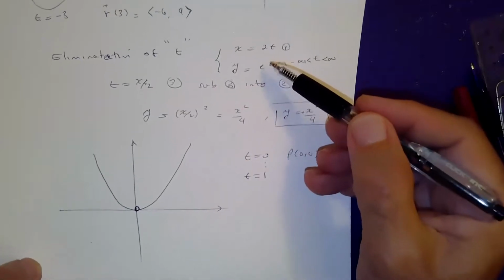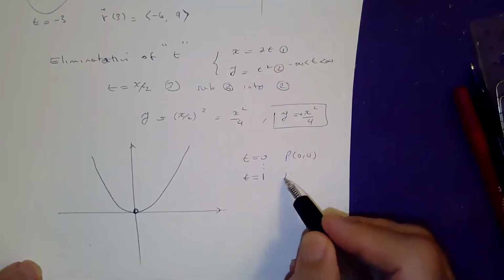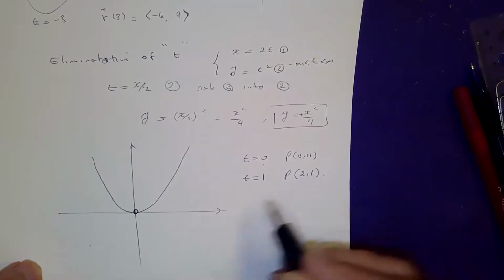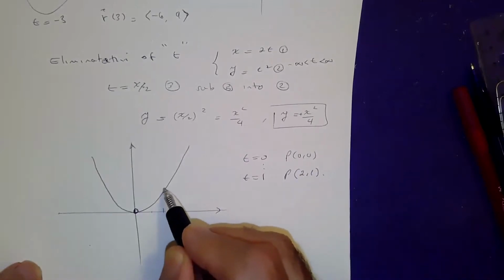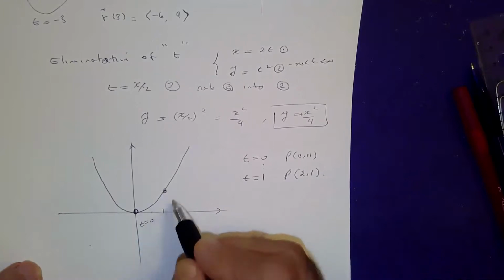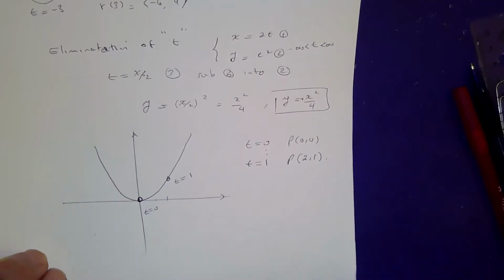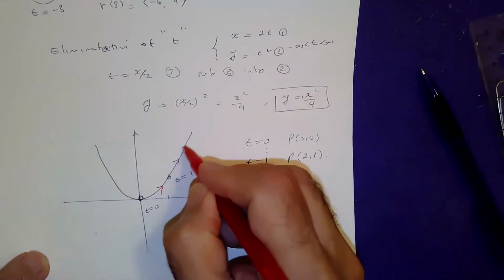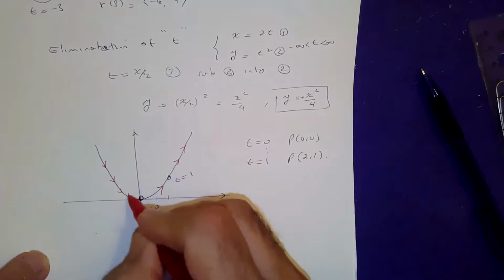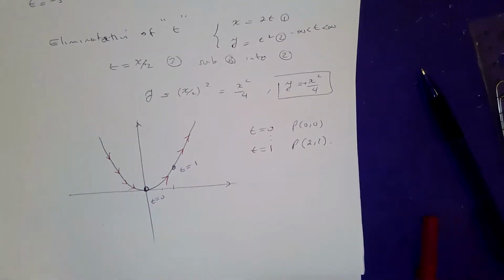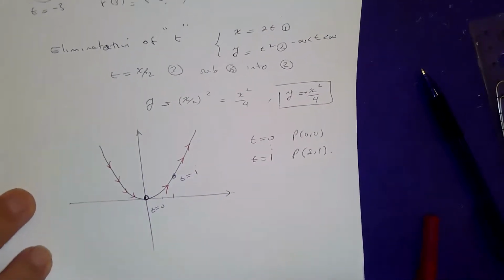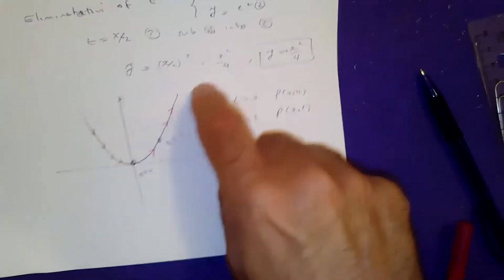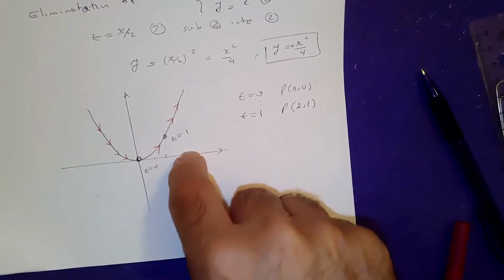Well, go to the parametric equation, replace the t with 1. You get R is equal to 2, 1, right about here. So this is at t equals 0, this is at t equals 1. So looks to me the object is traveling this way. So that will be the direction of the curve. So remember, when you graph a vector value function, you can't just graph the curve. You need to identify the direction.